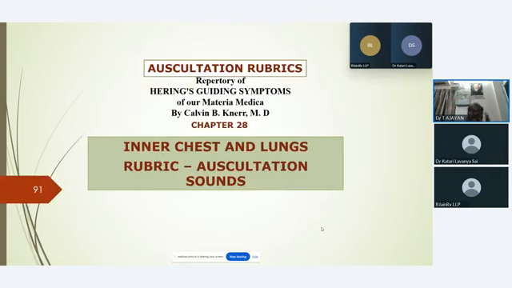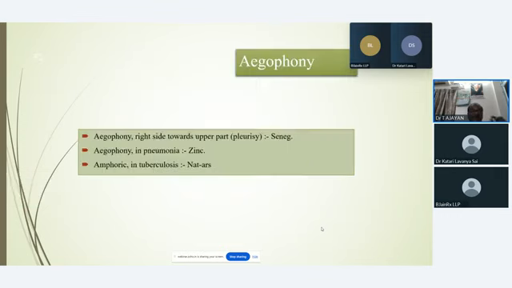Then auscultation. In their practice, the identity of a doctor is that they use the stethoscope. But we use the stethoscope for diagnostic purposes. My request is that this auscultation you must utilize for homeopathic purposes, meaning the selection of a homeopathy medicine. I will show you a few rubrics.